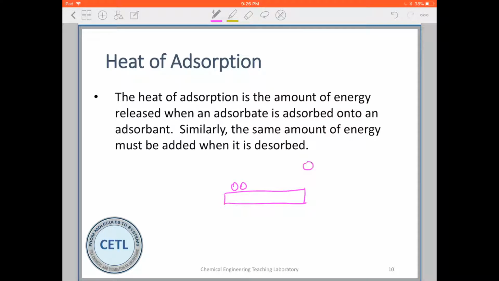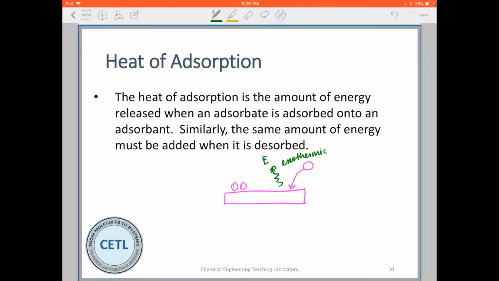When your molecule comes and adsorbs onto a solid, it will actually release energy. So it's an exothermic reaction. And quantifying this energy helps us determine the amount of energy that's actually required for us to desorb that material.